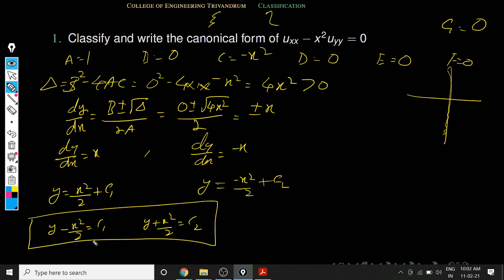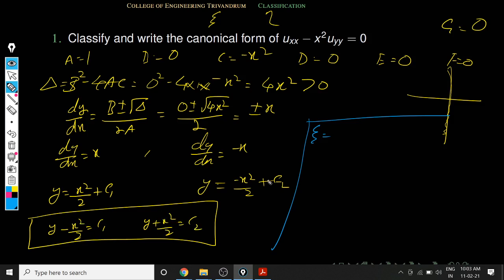Then how to construct psi and eta? If it is hyperbolic, it is very easy. You can choose psi as this left-hand side. You can convert the given characteristics as some function of xy equal to constant and some other function of xy equal to constant.